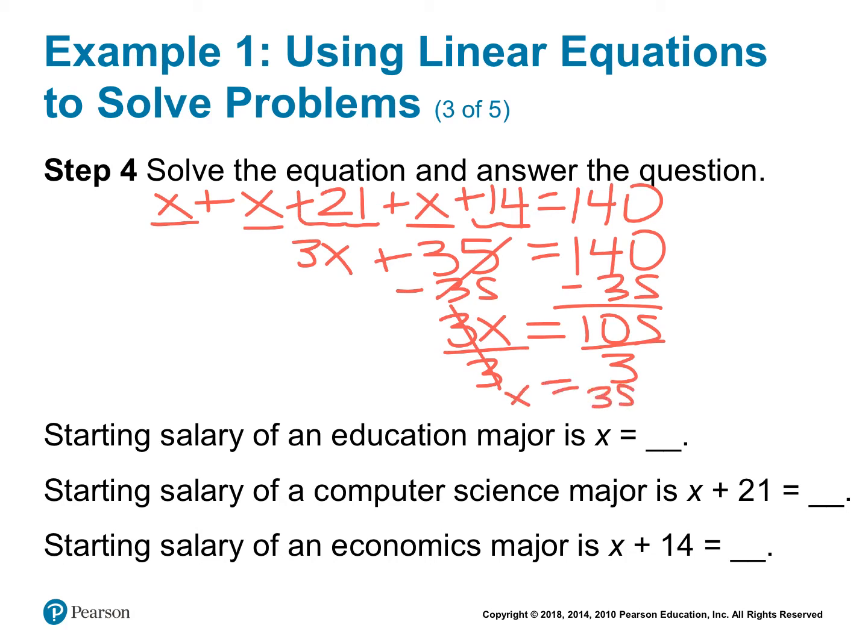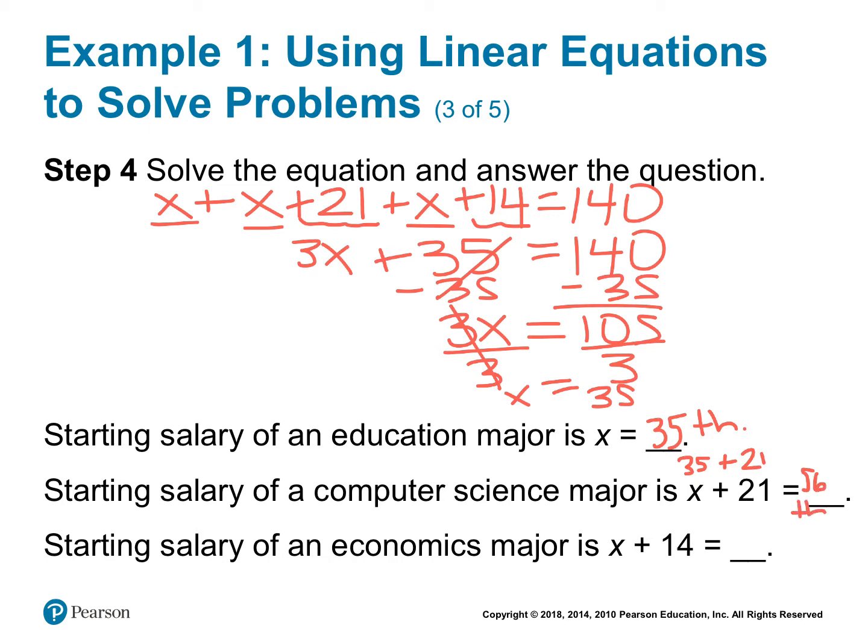So the starting salary of an education major, the x is 35, and that will be in thousands. I'll just put TH. The starting salary of a computer science major is x plus 21, so 35 was our x, plus 21 equals 56,000.